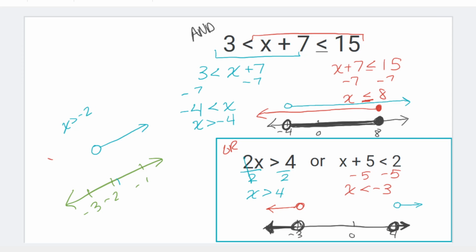And the red one, which I'm going to shade like this, which is x is greater than -3. So if this was an AND inequality, remember the AND only works for where they overlap. So if I look for overlap, I only see it here and here. So an AND inequality would graph like this.